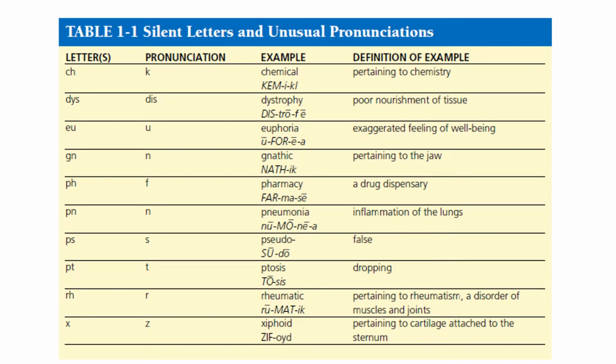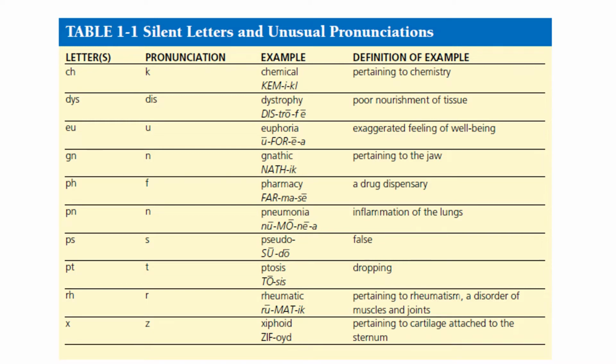The next letters, EU, are pronounced as U, as in euphoria, which means an exaggerated feeling of well-being.